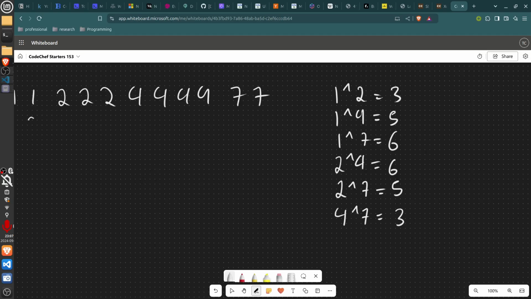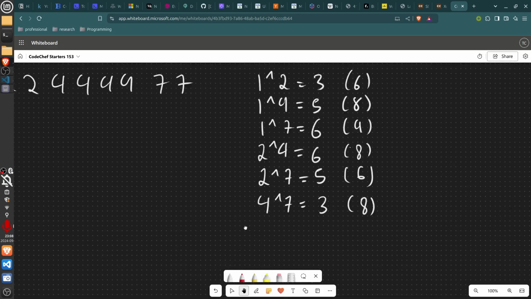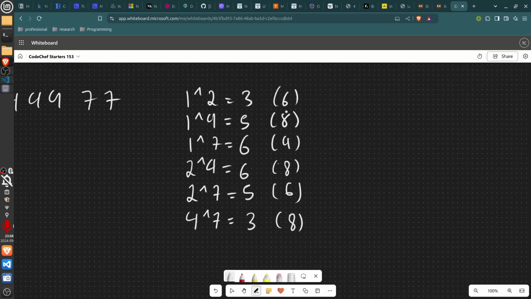And you say, how many times can these happen? Well, for 1 XOR 2 you have 2 times 3, because there are two ways to pick 1 and 3 ways to pick 2. Then you do the same thing for each of them. So this one's 8, this one's 4, this one's 8, this one is 6, and this one is 8. And then you can go even further and count the number of XORs.